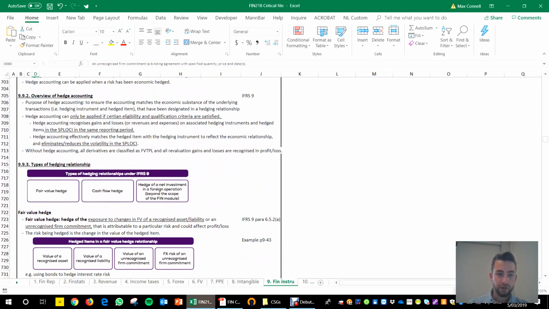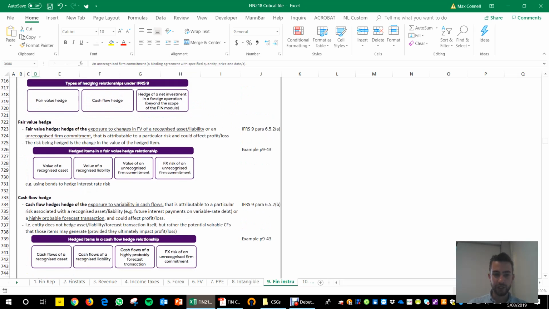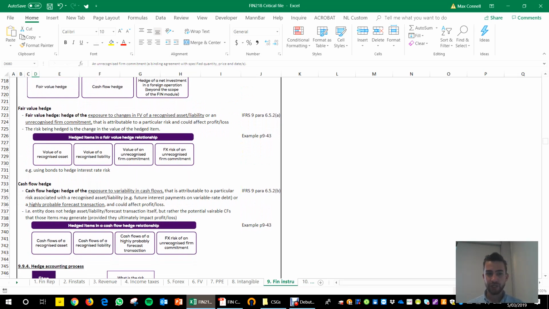So, hedge accounting, there's three types of hedge accounting, but in this module we're only going to be discussing two. So there's a fair value hedge and a cash flow hedge. So a fair value hedge is probably the most common one, and it's basically where the hedge protects the business against the change in the fair value of an asset.